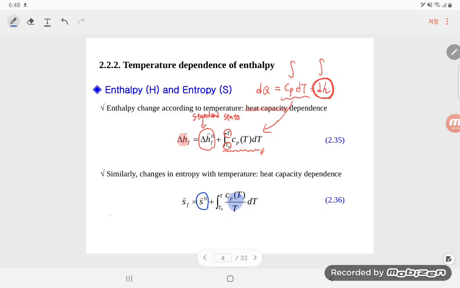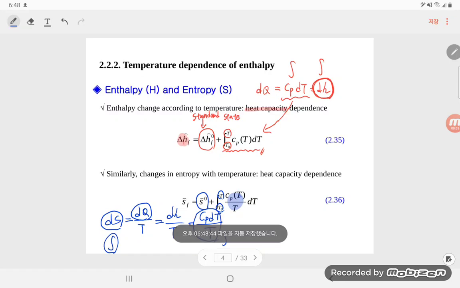If you consider that TdS equals dq, so dS equals dq over T, and dq equals dH in the constant pressure process, this is expressed as Cp dT over T. So if you integrate this small amount of change from T0 to T, then we can get delta S. So we can calculate the entropy change like this.